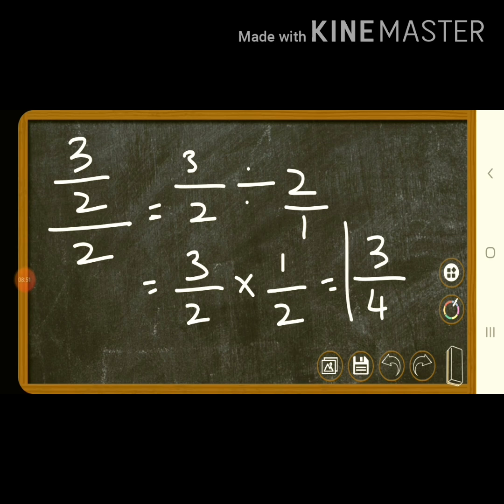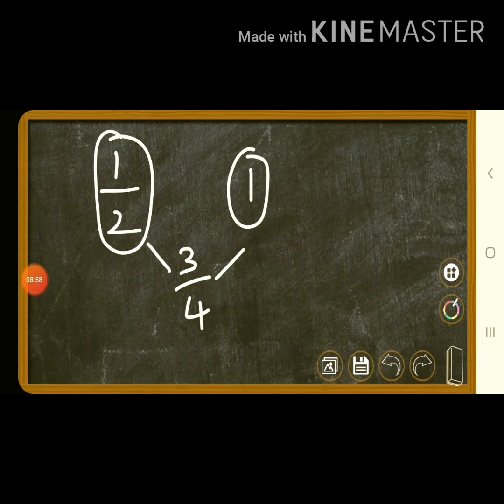So this is the solution for the given problem. So 3 by 4 is the number lying between half and 1.